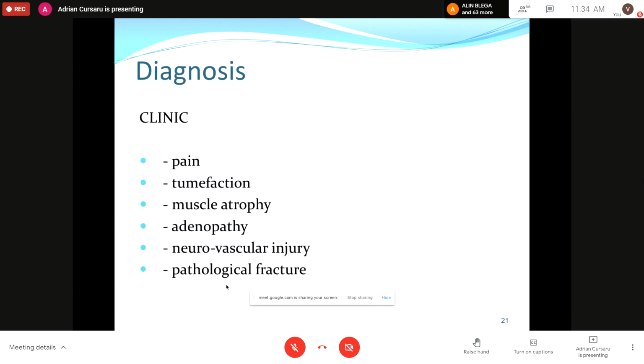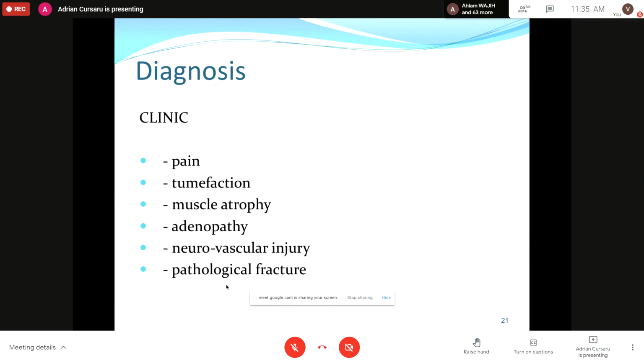How is the appearance of our patient? How is the clinic of our patients? They have pain, tumefaction because of the extension of the tumor. Tumefactions in most cases are represented by the extracompartmental stage, but could be in the intracompartmental one.